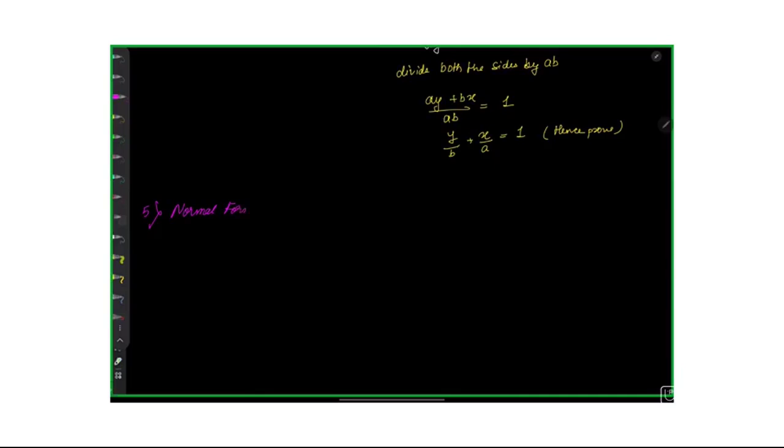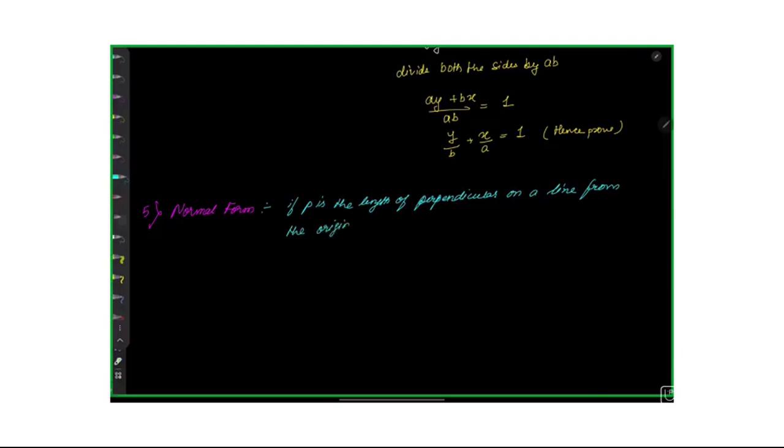Right. From the name, you can guess there would be a line which would be normal to the other line, or to the given line. Right. So let me write the definition. If p is the length of perpendicular on a line from the origin, right?